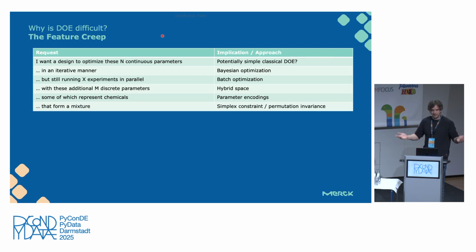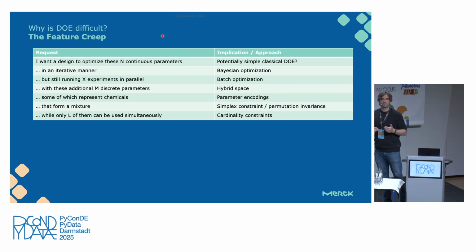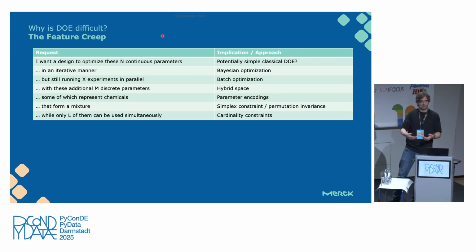You might put them into a mixture. Suddenly you have mixture constraints or things like permutation invariance, because the different ingredients of your mixture are permutation invariant; you can exchange one with the other. You might have cardinality constraints, because experimentally, if you optimize such a mixture, you might have the requirement that you cannot put more than, say, L different components into the same mixture, because otherwise the experiment would just be too complicated.